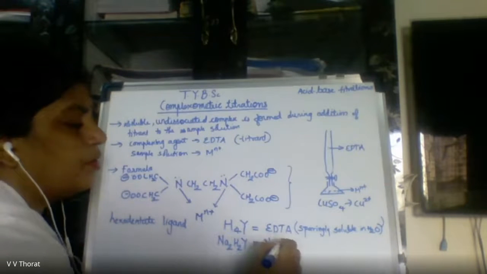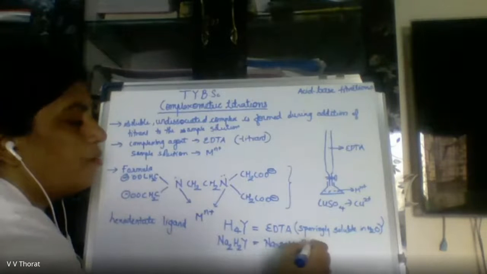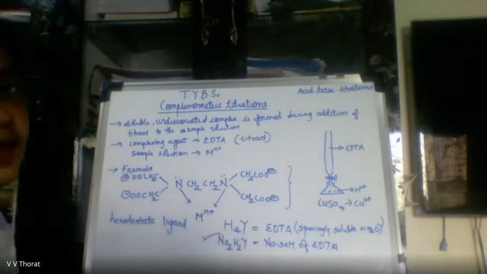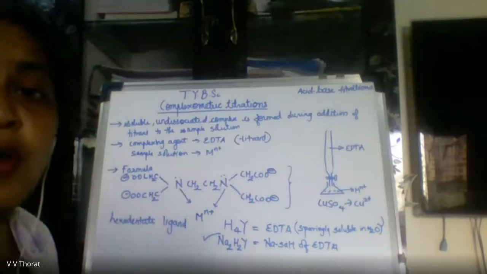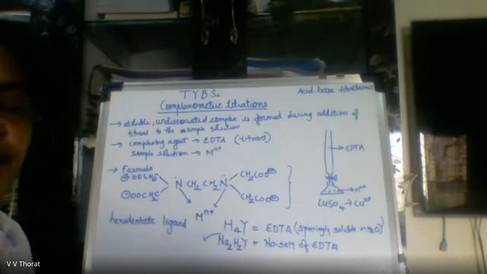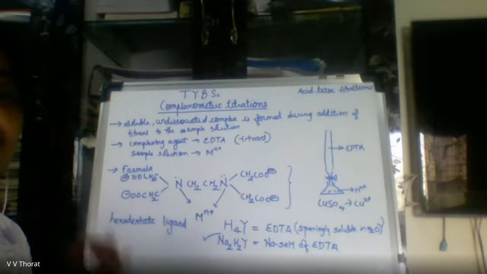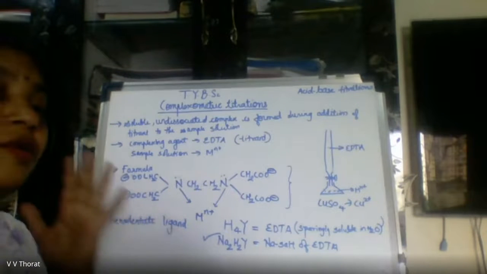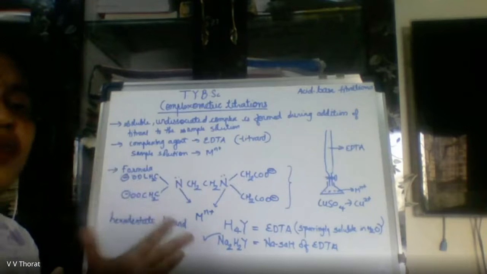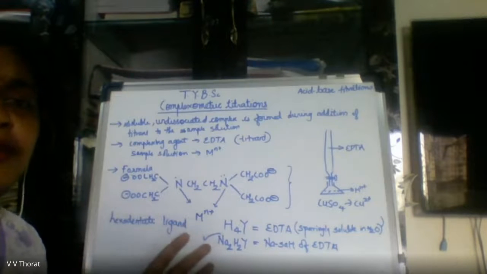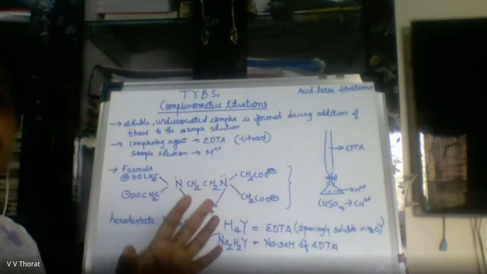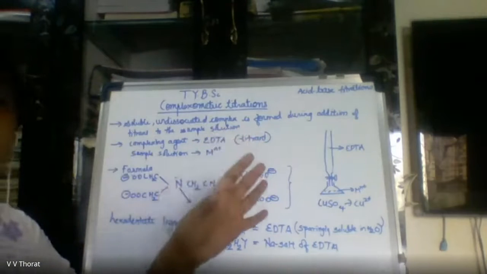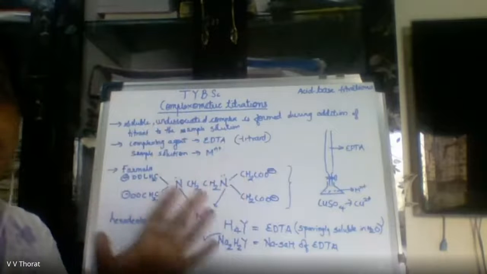It is the sodium salt of EDTA. And this sodium salt of EDTA is soluble in water. Please remember, all sodium and potassium salts are water soluble. I have told you, wherever you do research, if you have got something which is not soluble, convert it into its sodium form or its potassium form, and it will be soluble in water. So all sodium and potassium salts are soluble.